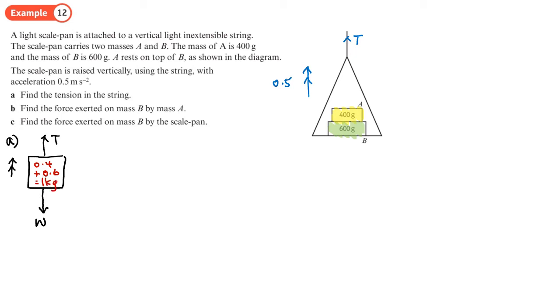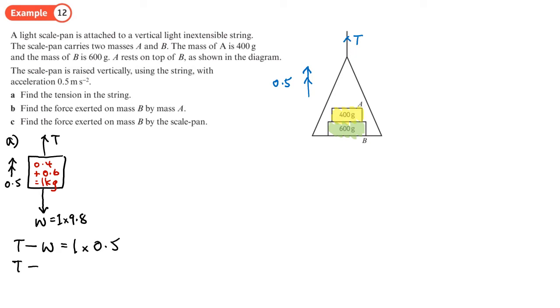So the weight of this is going to be 1, the mass, times the acceleration due to gravity, which is 9.8. And I know the acceleration is 0.5. So the resultant force is going to be T minus W equals M, so the total mass, times A.